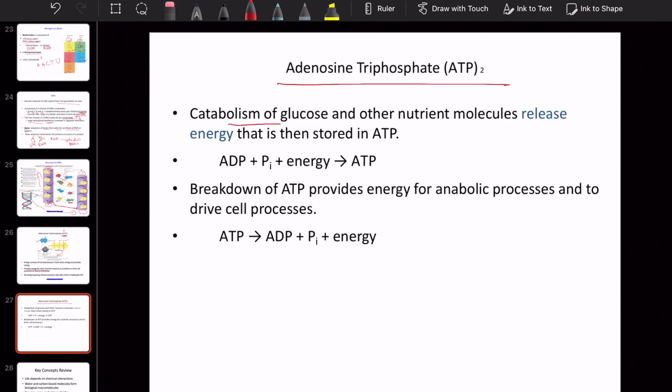Now the catabolism of glucose: glucose is a 6-carbon molecule, C6H12O6, breaking down and making ATP. That means it's breaking down all these carbons. Then when they break down, they release what? Energy. That energy is released to make what? ATP.